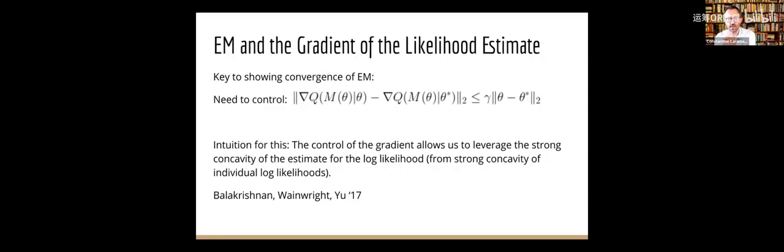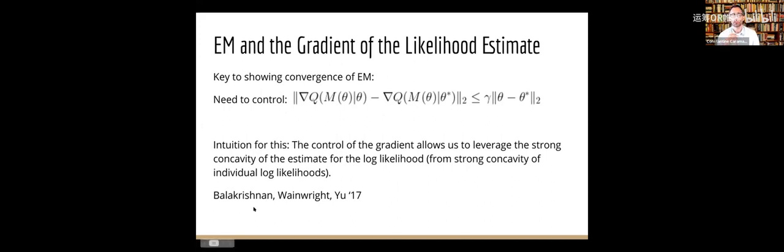Okay, now let's try to see how we're going to link this to EM. There are some details to fill in here, but some of the earlier work that gave finite sample guarantees for EM basically honed in on this quantity, which initially was called gradient stability, which basically controls the gradient of the Q function at theta and at theta star.